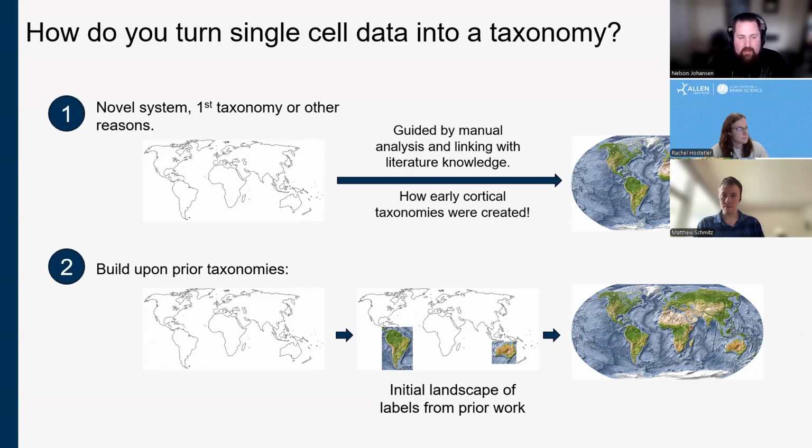Whereas another approach is to build upon prior work, where prior taxonomies have done sequencing. They defined a cell type landscape, and you can start from there to then expand based on the more diverse profiling that you may have done in your sequencing efforts. So I think we do a bit of both of these for spinal cord, given this is the first Allen taxonomy of spinal cord types. But we build off of prior studies from Ariel Levine's group, the Gittler lab, and others.